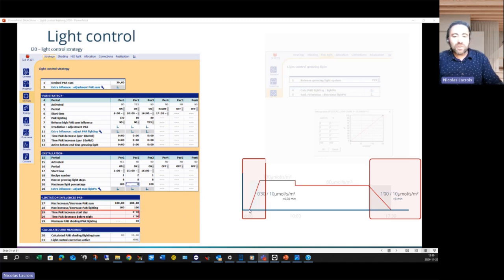So we start from 0, the beginning of the day, and after 6.5 minutes, I will be at 130 micromole. So I will simulate the sunrise. If you want it longer, you can put a bigger number here. And you can also simulate the sunset. This is the next line here. I set it to 1 minute, so 1 minute per 10 micromole. So it will take 8 minutes to dim down to 0.